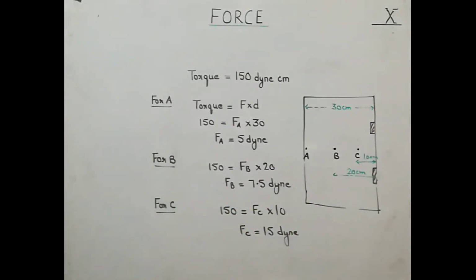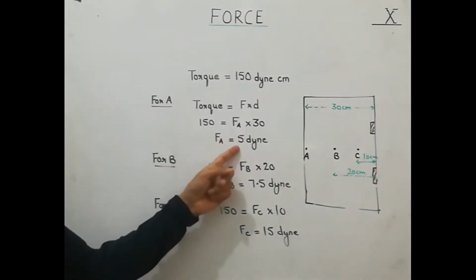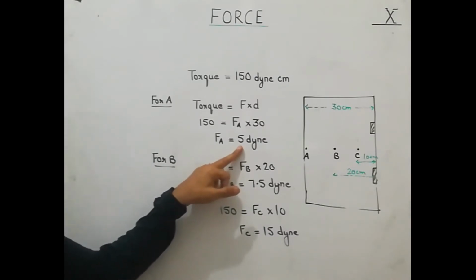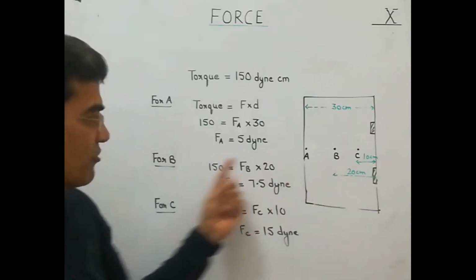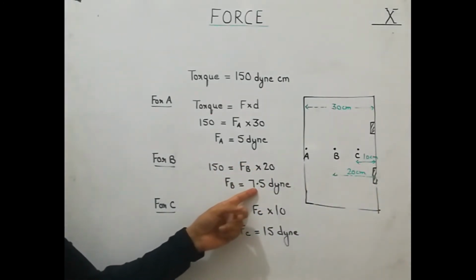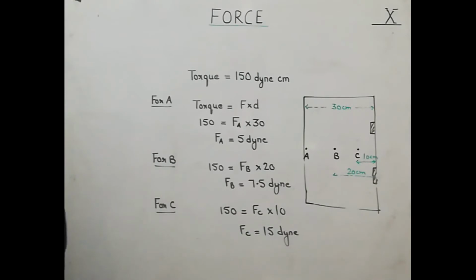So here we see that each of them, A, B and C, they are opening the same door, but they are applying the force at different distances from the axis of rotation. A is using the maximum distance and he has to apply force of 5 dyne. B is using the force at a distance of 20, so he has to apply force of 7.5 dyne, and C takes the minimum distance and he has to apply maximum force.